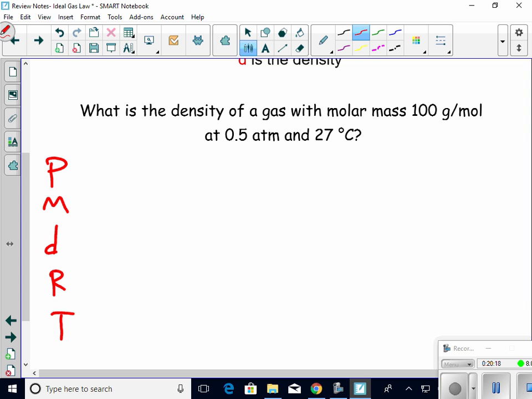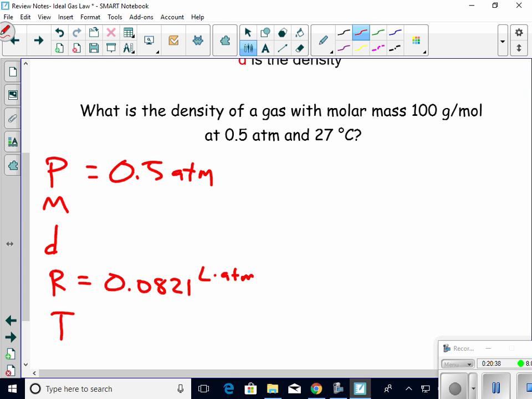Okay. So, I have P, 0.5 atmospheres. So if I have 0.5 atmospheres, that tells me down here that R is 0.0821 liters atmospheres over Kelvin mole. I use the value that has the atmospheres.